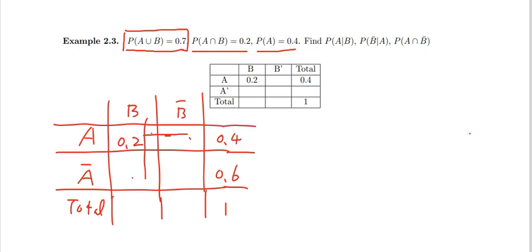These 3 cells stand for A or B, right? So P(A or B) is 0.7. Then this one should be 0.3, right?